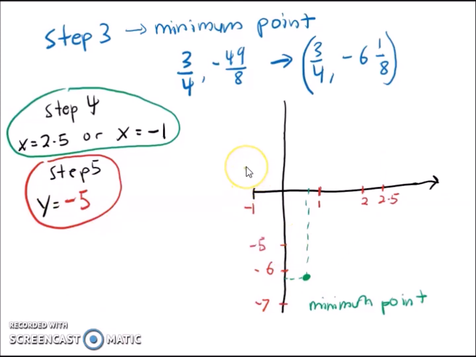Now here's negative 1, it passes through negative 5, a curve here, then it goes to 2.5. Okay, this is how to sketch a quadratic graph, and all you need is to know the shape, the minimum or maximum point, the y-intercept, and also the x-intercepts. Okay, so that's all on how to draw the quadratic graph.